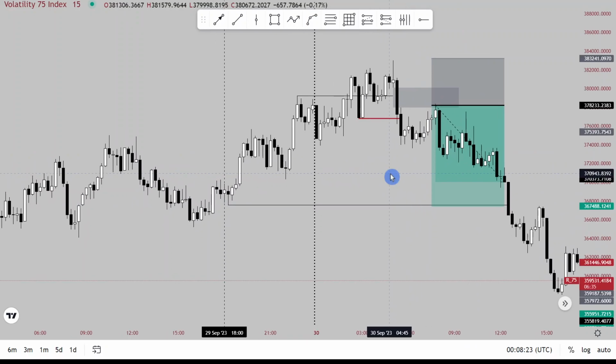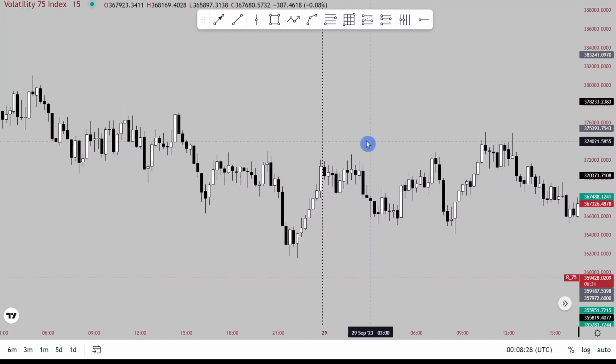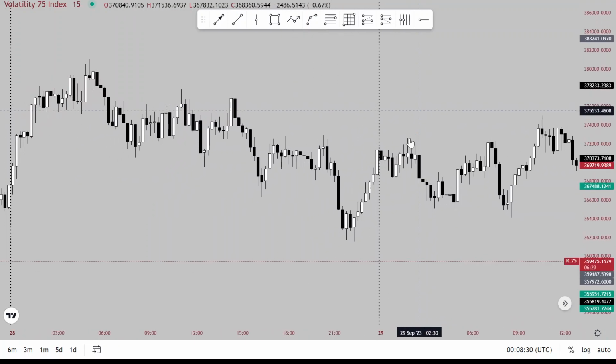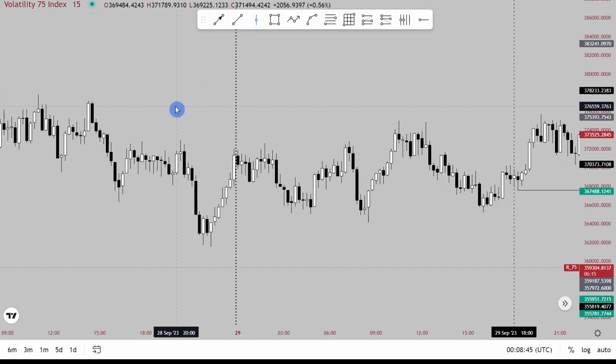Simple. Now let's look at another day and backtest more. If you want to trade this particular day, from here to here, you are going to use the liquidity from the last 6 hours of the previous daily candle. This is the new trading day that you want to trade. The previous day, 6 p.m., which is 18, is where you mark from.